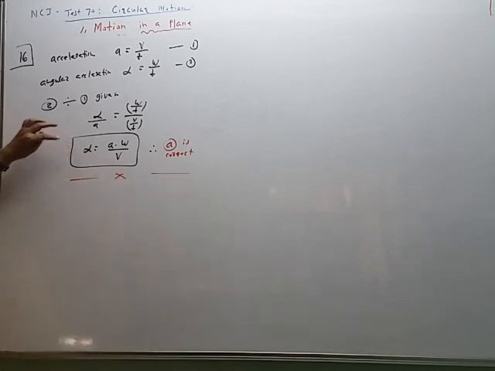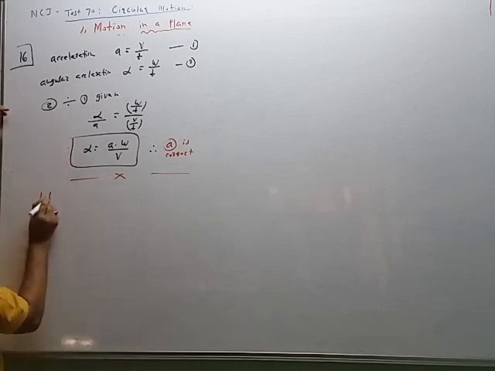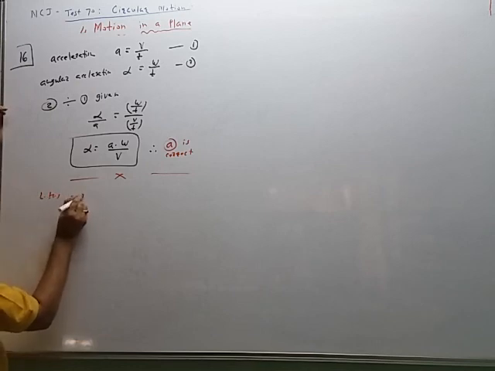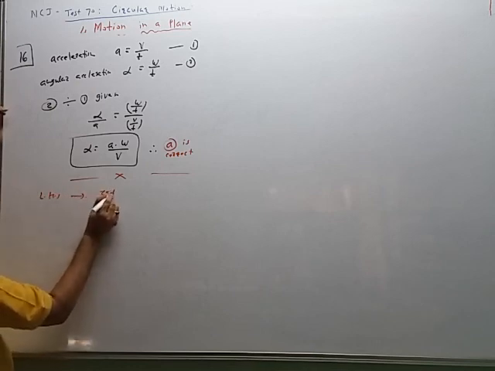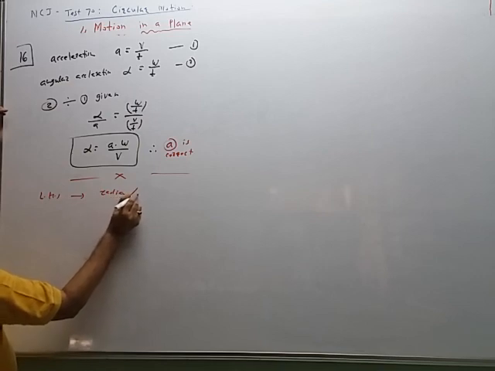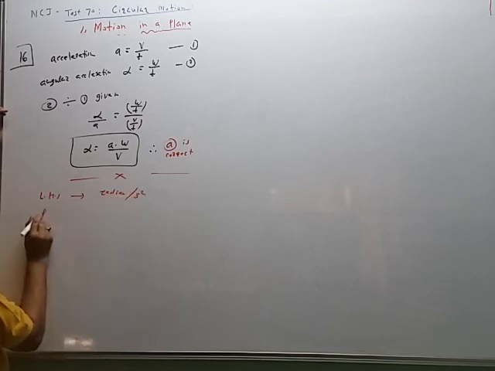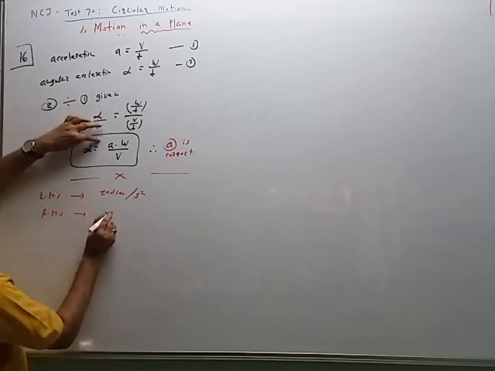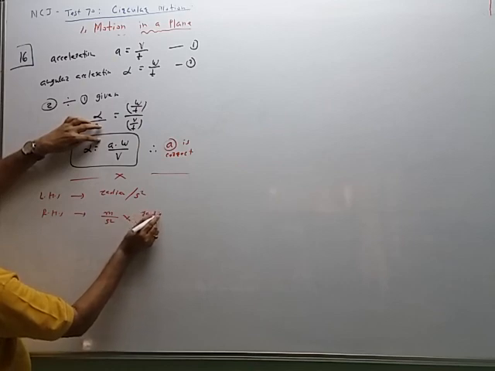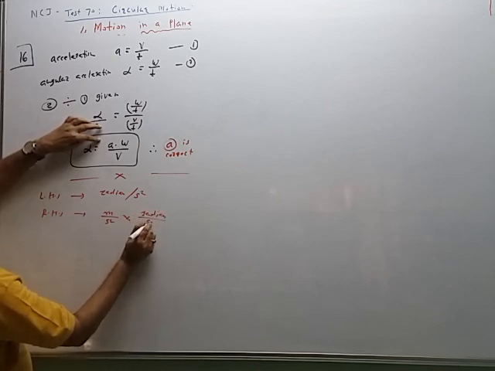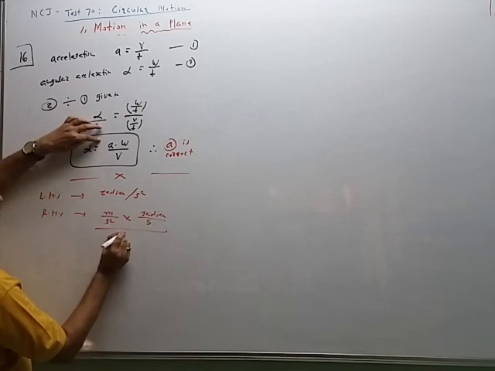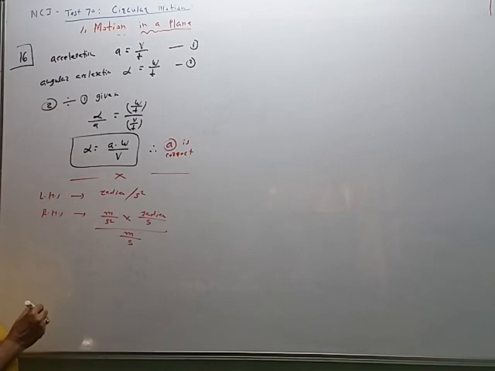You can check the equation either dimensionally or unit wise. So LHS has a unit radian per second square. RHS: a is meter per second square multiplied by omega, which is radian per second, upon velocity, which is meter per second.